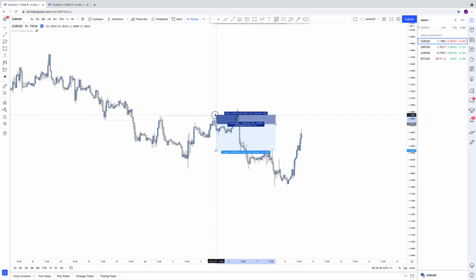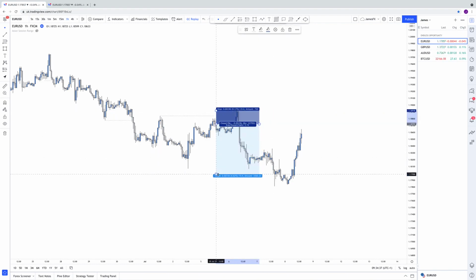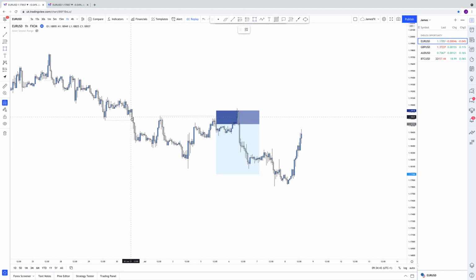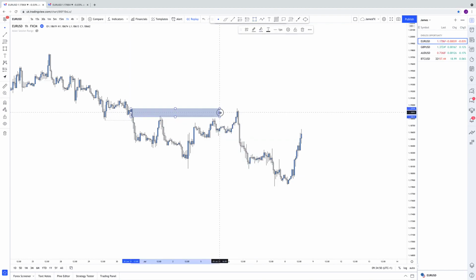A lot of traders will be sizing this up with a 15 pip, even 20 pip stop loss, because there's no clarity. They need 20 pips and get taken out. But we know this as a clear area where price likely needs to go to collect orders, stop losses, you name it, and then we're getting involved from here.